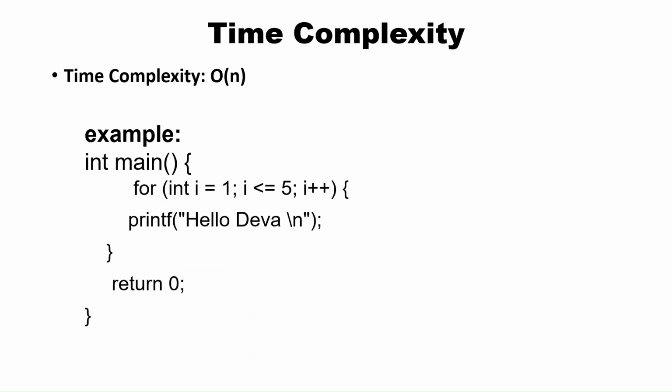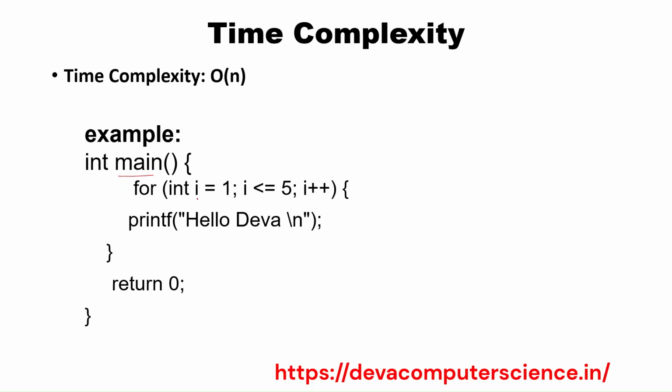This is a simple C language program. Main function, entry point, for loop starting from 1 and I less than or equal to 5, that is the condition, incremented by 1.